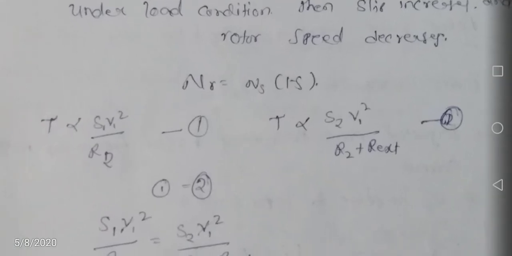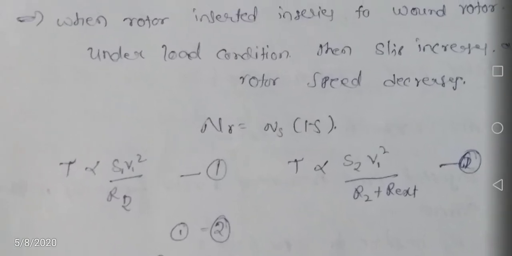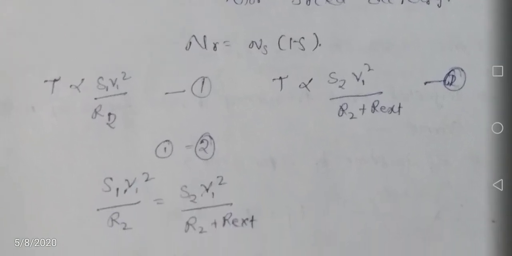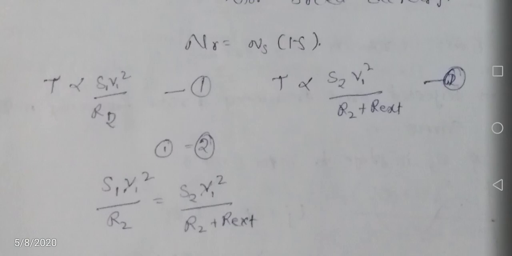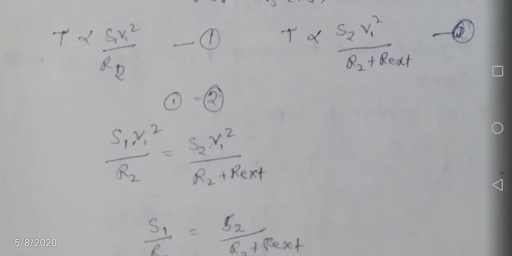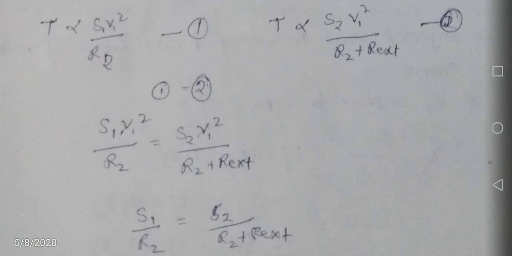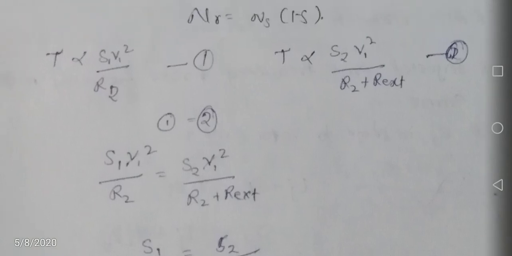And equation number 2 is S2 V1 square by (R2 plus R external). Here V1 is constant because the voltage is constant. This is the rotor resistance control method. So S1 V1 square equal to S2 V1 square, so V1 is cancelled. In both conditions torque is constant.